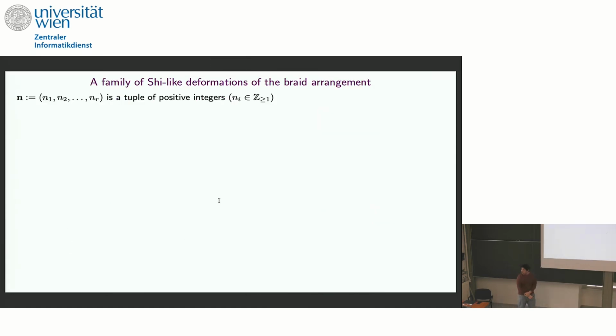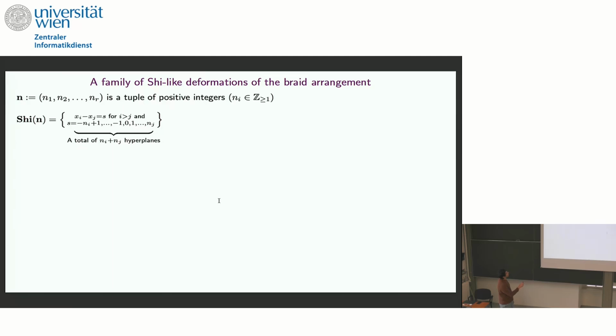Okay, family of Shi-like deformations. So I'm going to start with a tuple of positive integers, and instead of considering the hyperplanes xi minus xj equal to 0, or then between -1 and 1 and -2 and 2, I'm going to go from minus ni to plus nj, right?